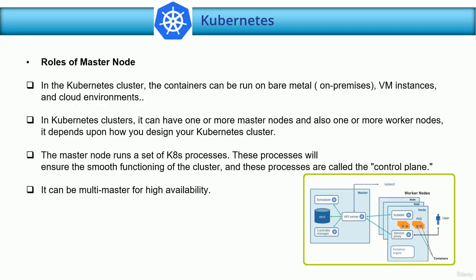These processes ensure the smooth functioning of the cluster, and they are also called the control plane. It can be multi-master for high availability, so you can have more than one master node to provide high availability. So that's all for this lecture.